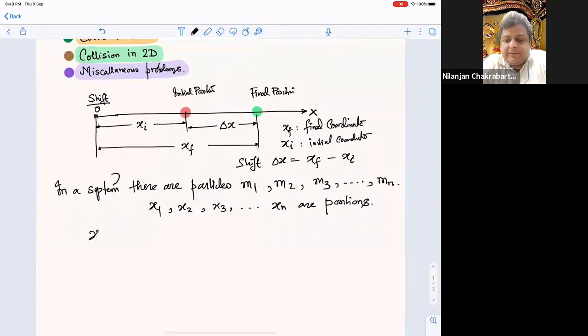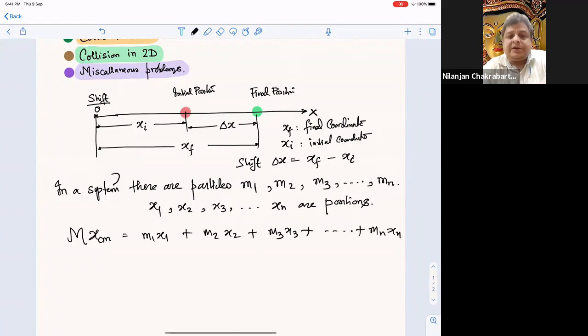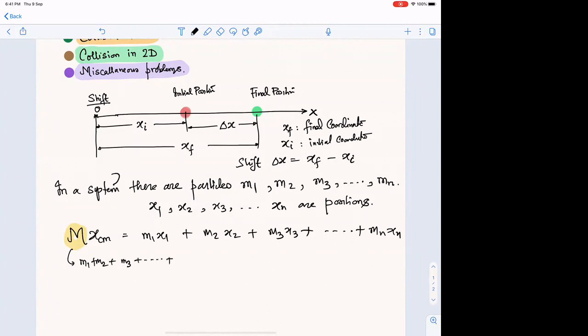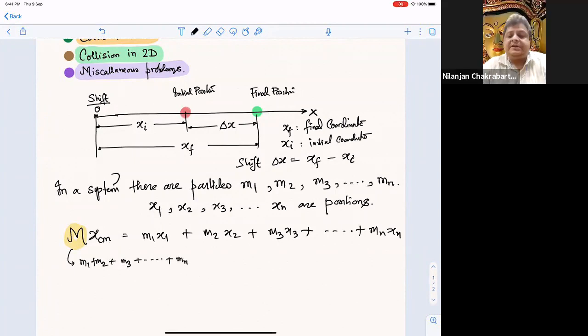What is xcm? We can write: total mass into xcm is m1 x1 plus m2 x2 plus m3 x3 plus up to mn xn. So this capital M is the total mass, M equals m1 plus m2 plus m3 plus up to mn.